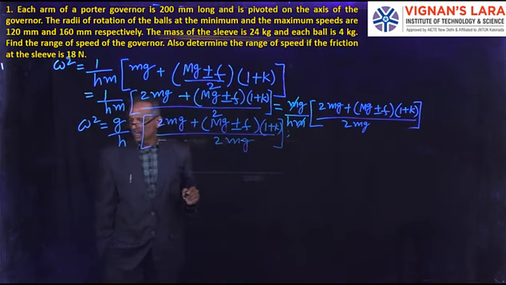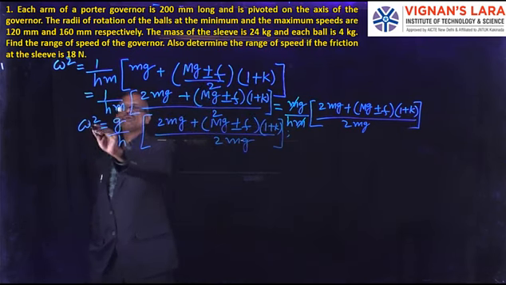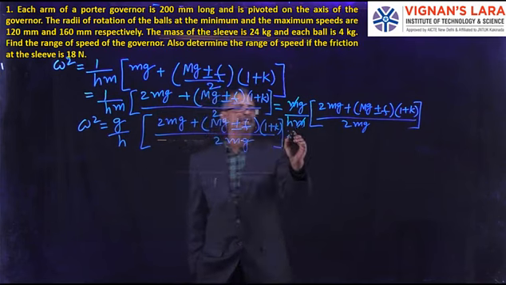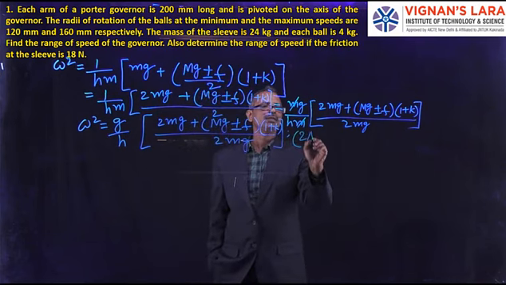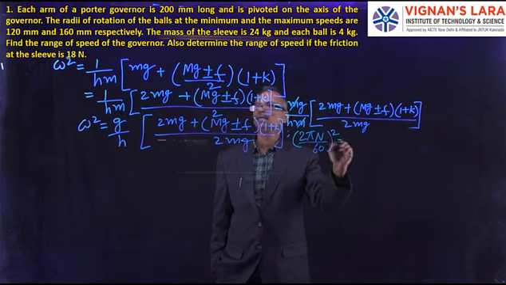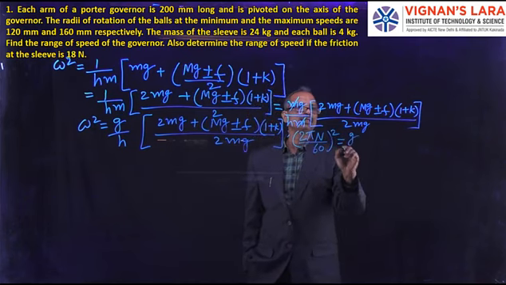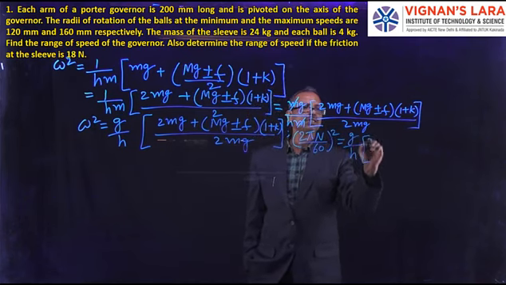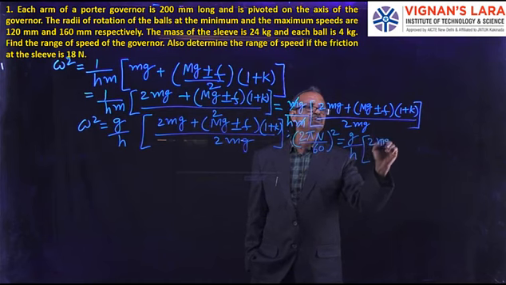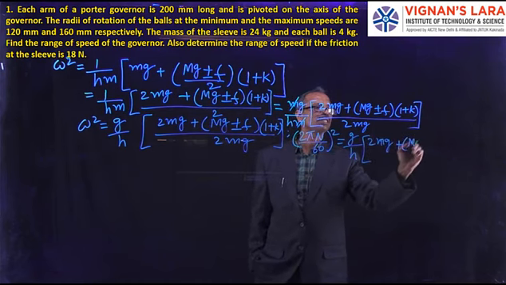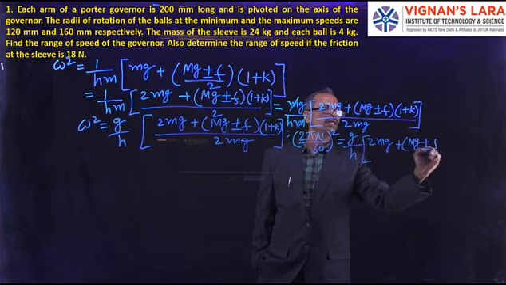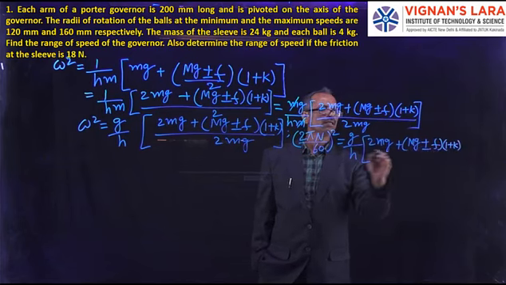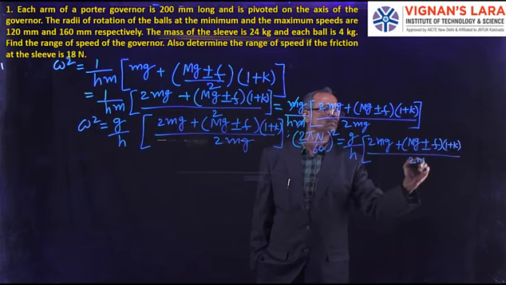And I can replace omega by 2 pi n by 60. So this will be (2 pi n by 60) whole square, which can be written as z by h into (2mz plus mz plus or minus f) into (1 plus k by 2mz).